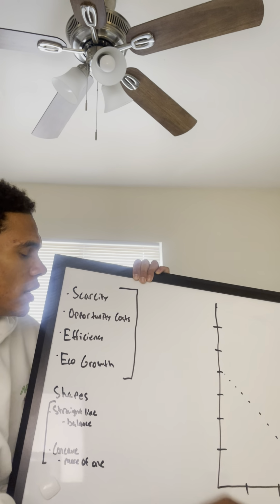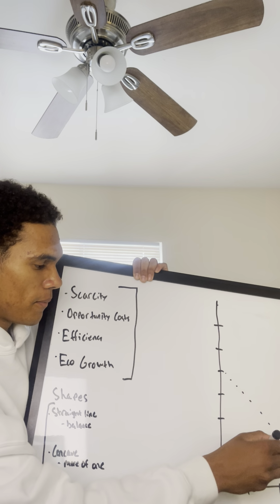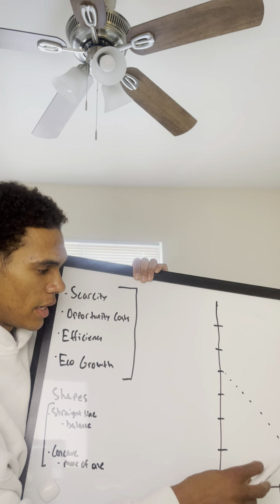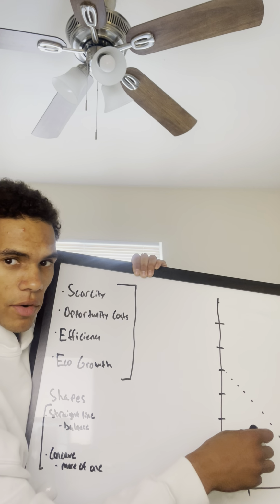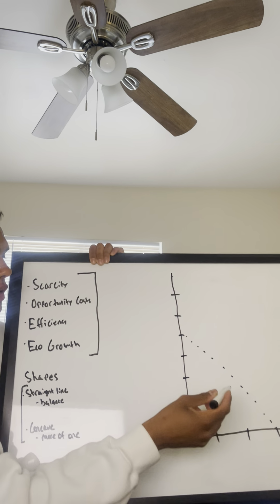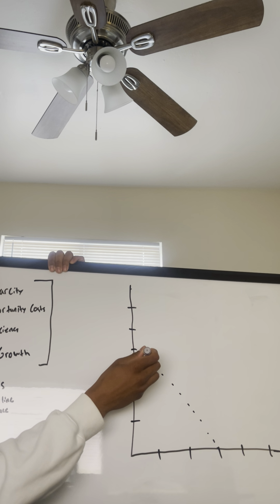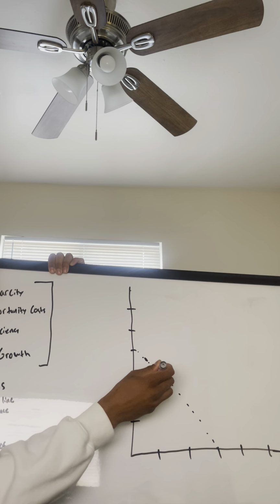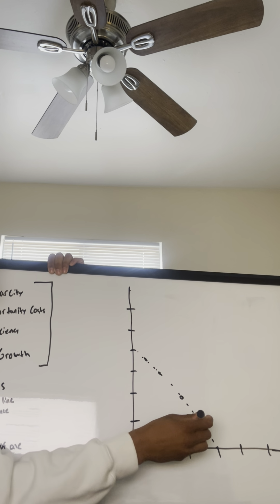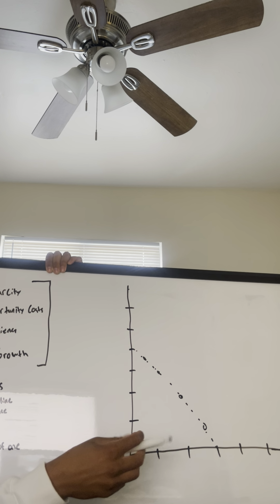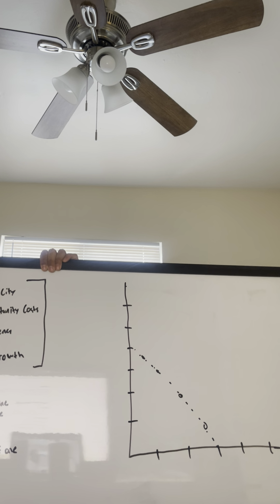Boom, that's kind of cool. Everything in this area is an under allocation of our resources. We're not using our resources as effectively as we could be in comparison to us being on the actual line itself. That's actual efficient use of our resources, right?